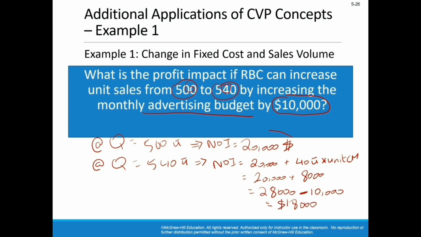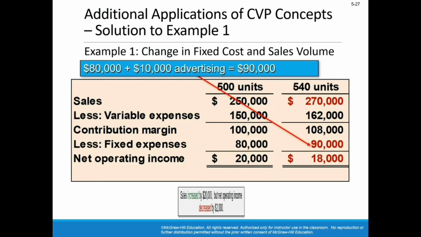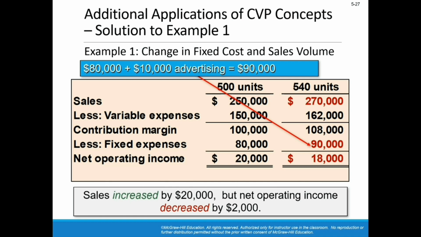Thus, it's a bad idea to invest $10,000 in this advertising in order to increase the number of units sold from 500 to 540. And this is what we just established, that you are losing basically $2,000 by increasing unit sales from 500 to 540 at an additional $10,000 in marketing cost, right?